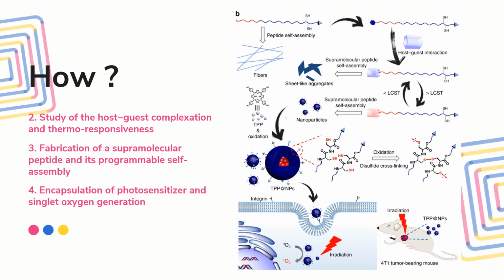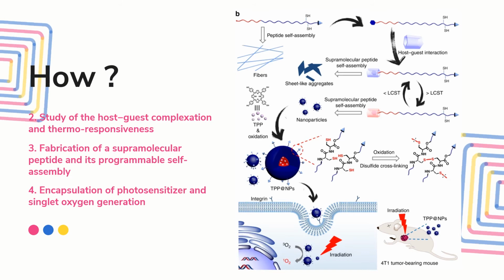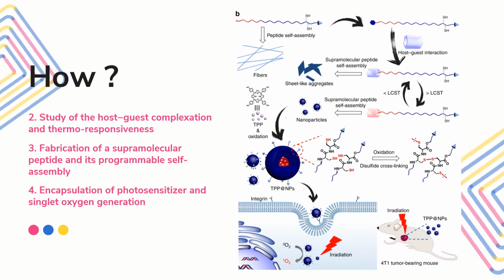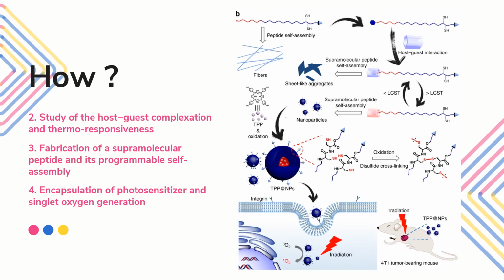And then for the third method, the fabrication of a supramolecular peptide and its programmable self-assembly, the P5 is combined with the peptide sequence, which can form the supramolecular peptide self-assembly. When the P5 is in the hydrophilic state, it can form sheet-like aggregates, while when it is in the hydrophobic state, it will form nanoparticles.